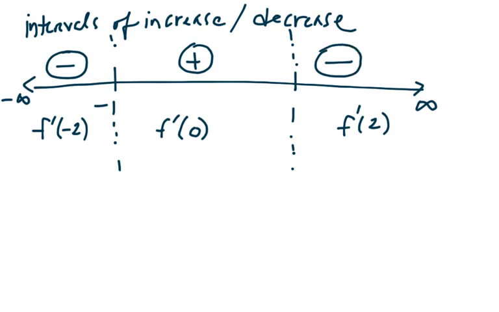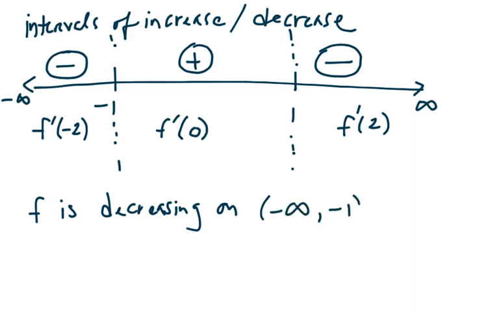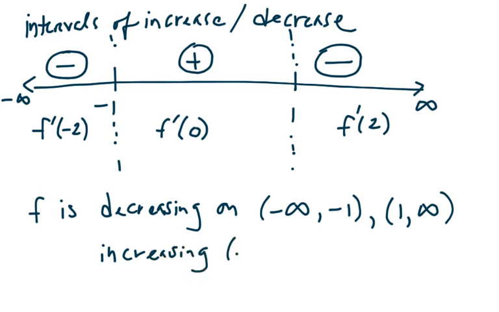So it tells us that f is decreasing on minus infinity to minus 1 and from 1 to infinity, and it's increasing from minus 1 to 1.